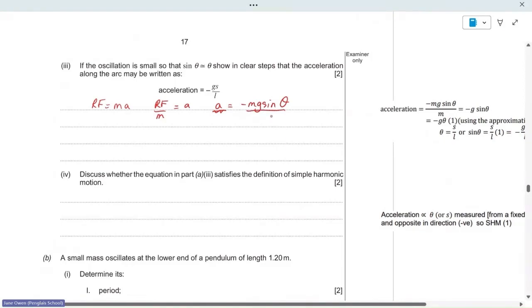So the resultant force divided by the mass, cancel the masses out, equals minus g sine theta.